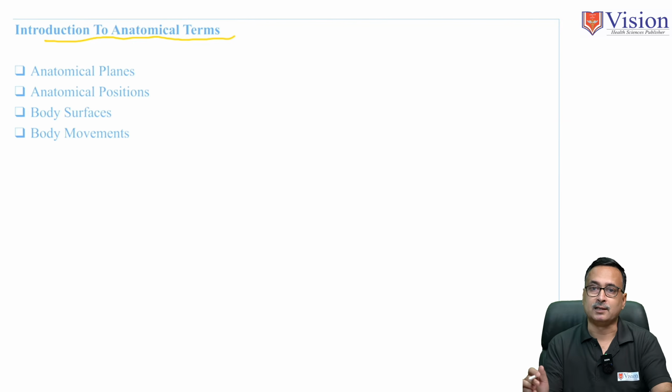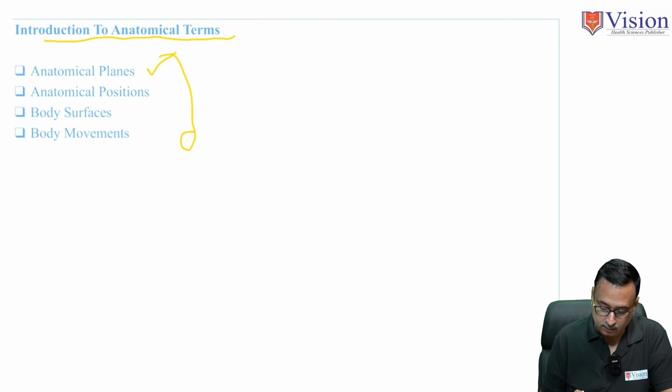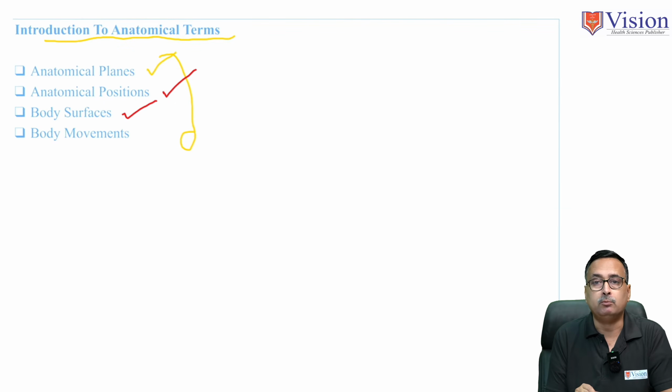I have assembled all the anatomical terms into 4 groups. First group refers to anatomical planes. Second group refers to anatomical positions. Third group refers to body surfaces. And the last one is body movements.